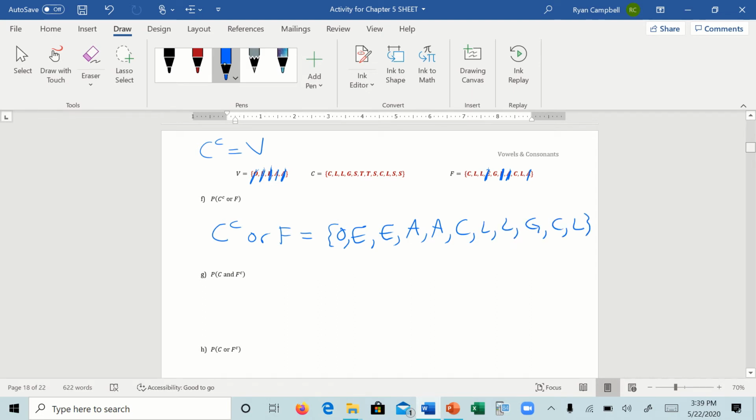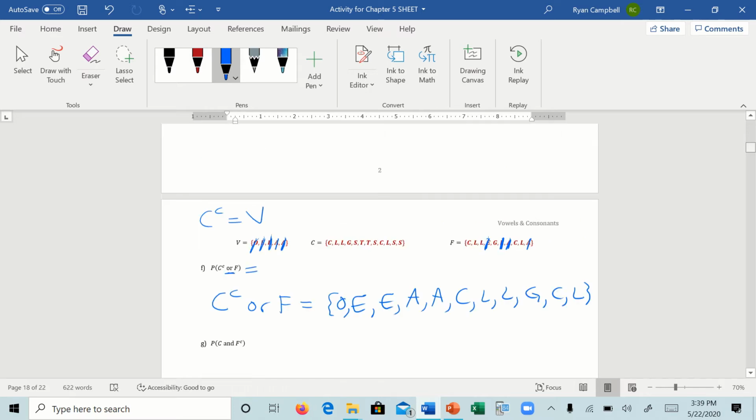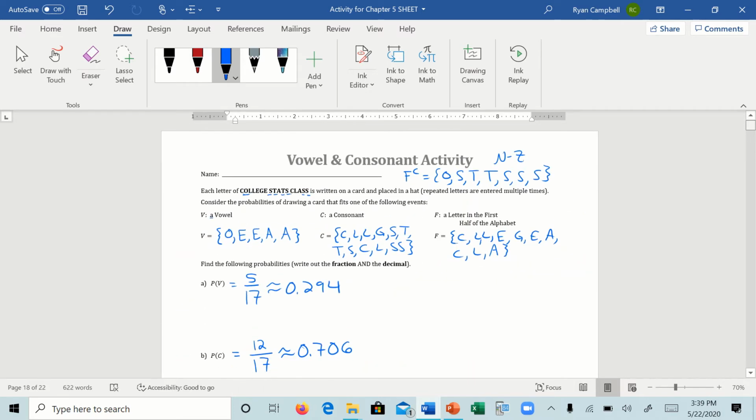So the super important part with the or, you don't want to double count, right? It's really important that we don't double count. There's not 3 or 4 E's, it's only the 2 E's that we talked about, right? If you look at the actual pieces of paper, there are only 2 E's.